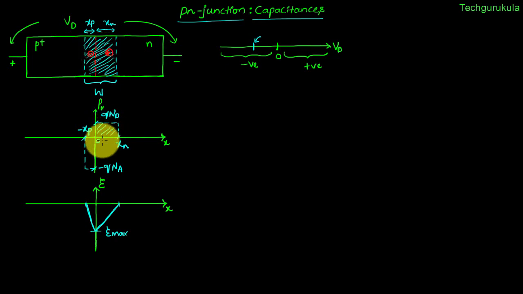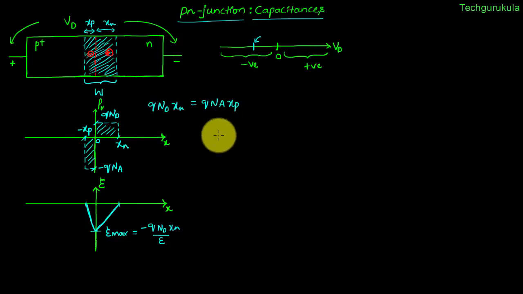This area should be equal to this area, where we can write the equation to be Q Nd times Xn should be equal to Q Na times Xp. And we know that Emax is actually given by minus Q Nd Xn over epsilon. And of course, we can replace this Nd Xn by Na Xp as well.